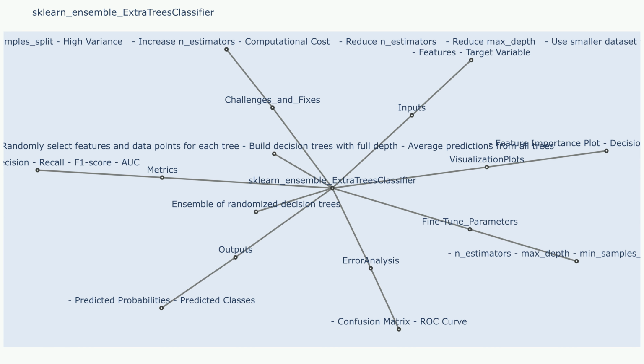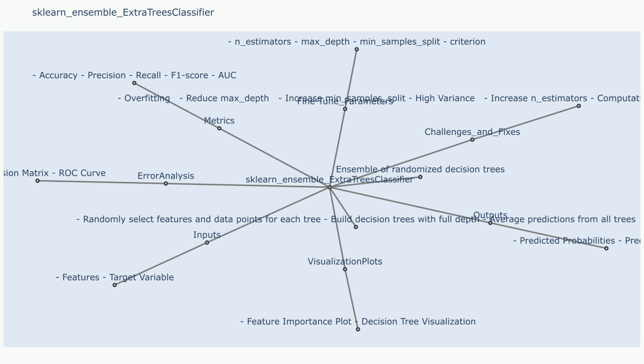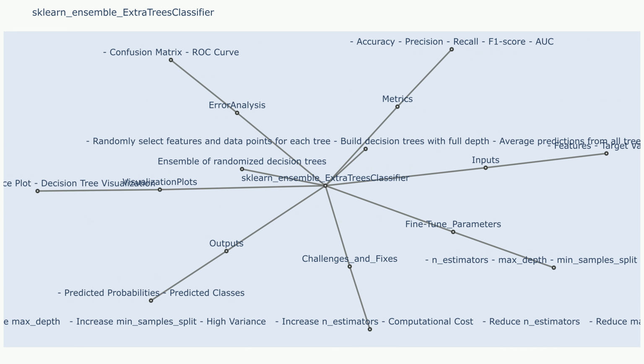Challenges and fixes. High computational cost. Training a large number of trees can be computationally expensive, especially for large datasets. Sample use case that resulted in challenge 1: training an extra trees classifier with 1000 trees on a dataset with millions of samples and thousands of features. Fixes to challenge 1: reduce the number of trees.